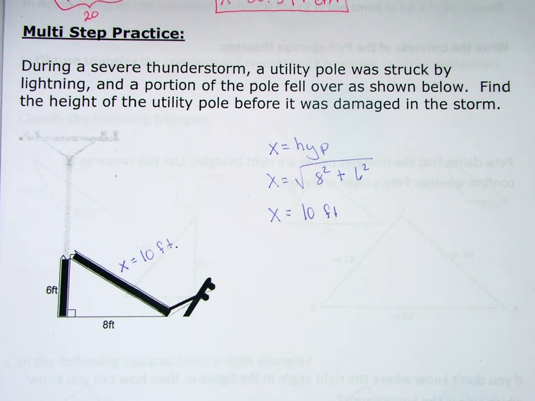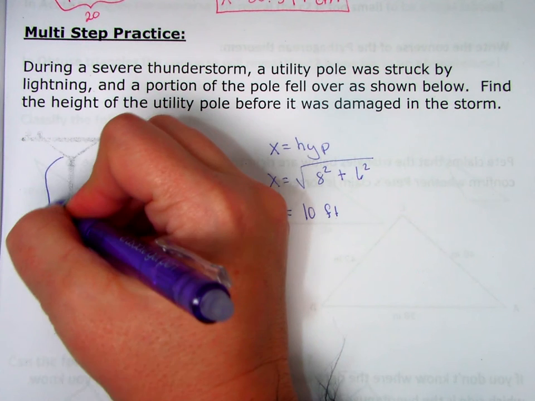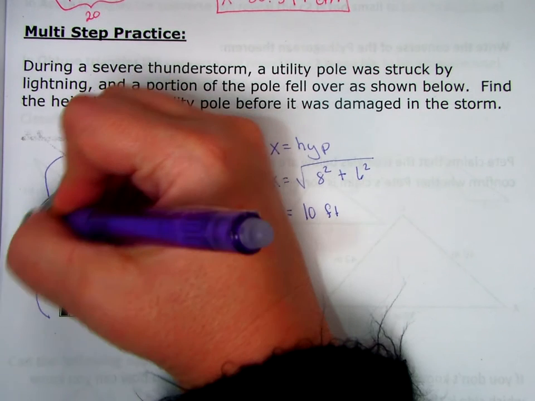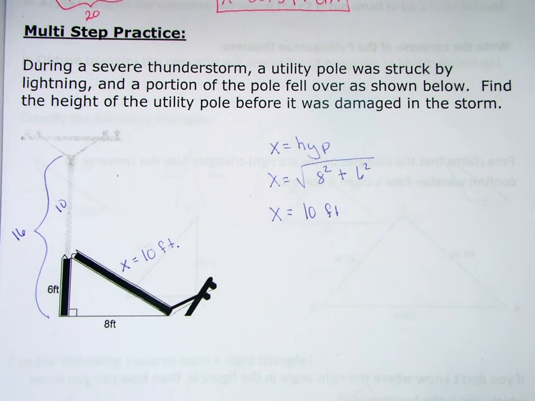So my utility pole was 10 feet tall, yes? The piece that's broken on the ground is 10 feet tall. Find the height of the utility pole before it was damaged in the storm. How tall was the utility pole before it was damaged in the storm? 16 feet.